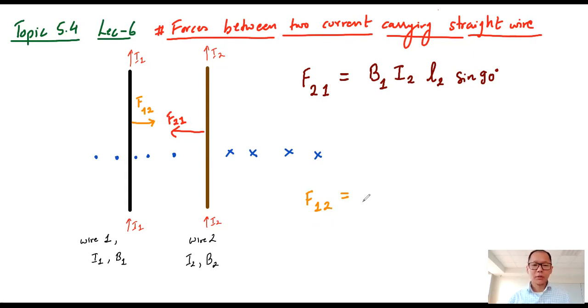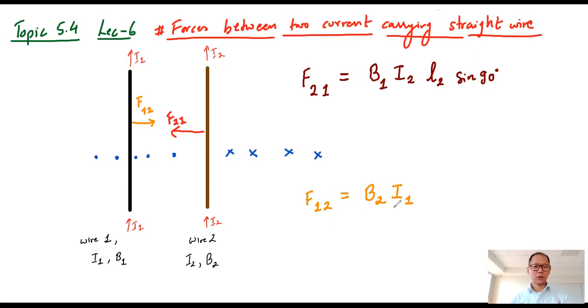About the magnitude, you see that B, right? So B is produced by the wire 2, because this blue dot and cross is because of the wire 2. So wire 1 is in the magnetic field of wire 2. So B2 times now the current. So the current has to be in the wire 1, right?